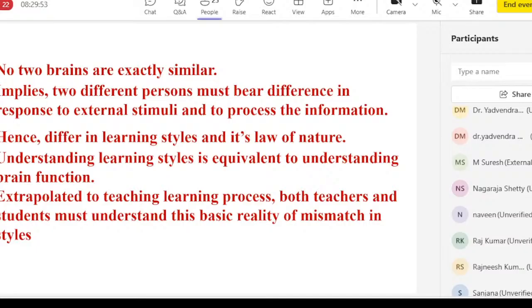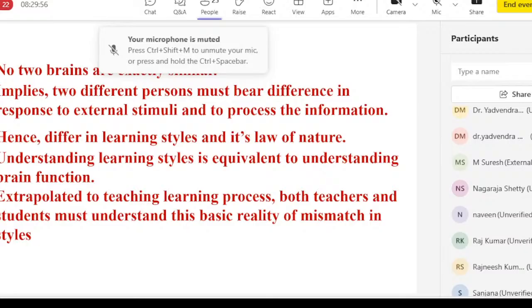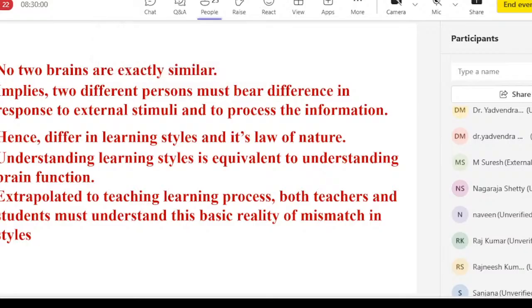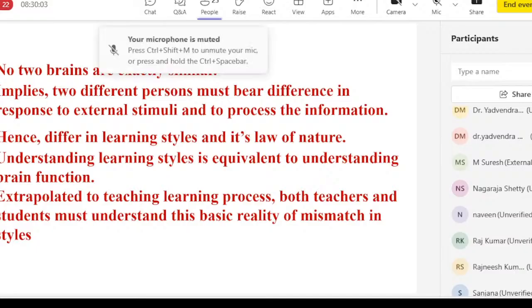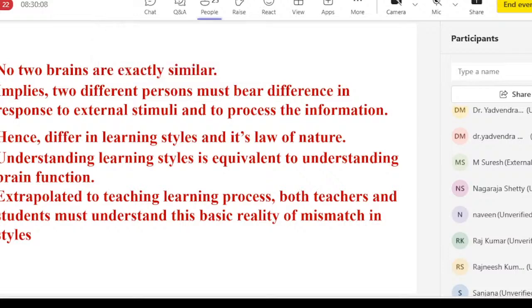So extrapolated to teaching learning processes. In the teaching learning process, two entities are there. One is the students or the learners, and the other one is the facilitators. They're called teachers, and they are called students.